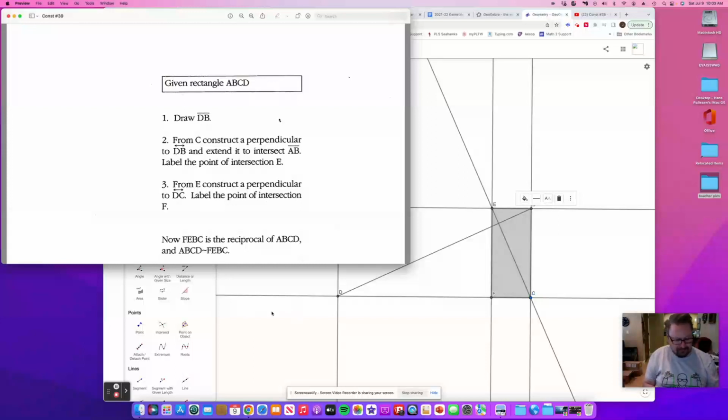So I will say that AB over BC is the same ratio as FE over EB.